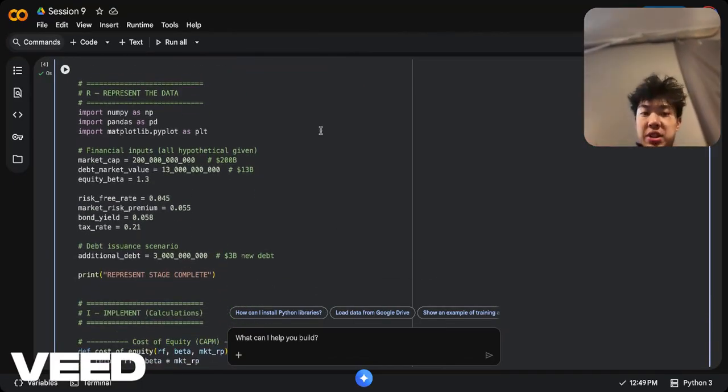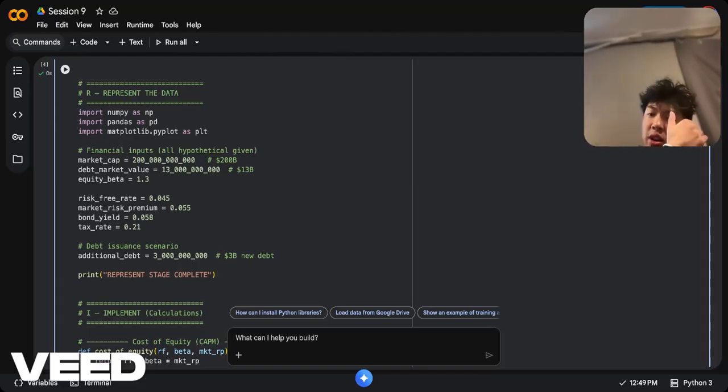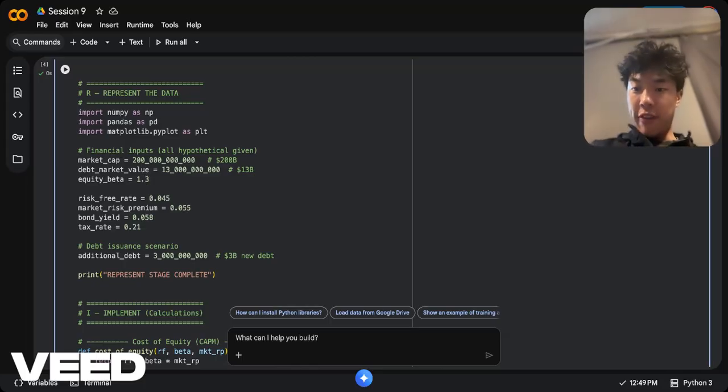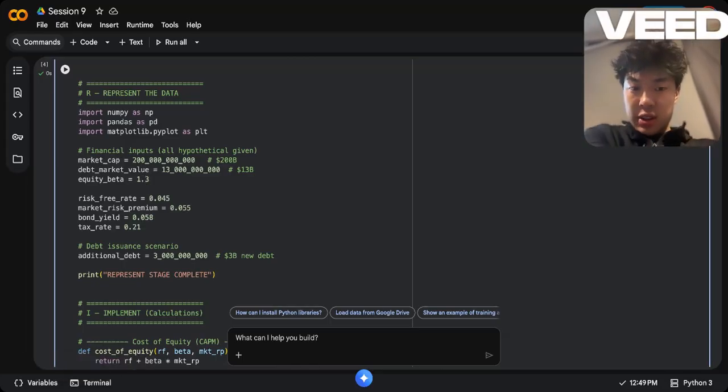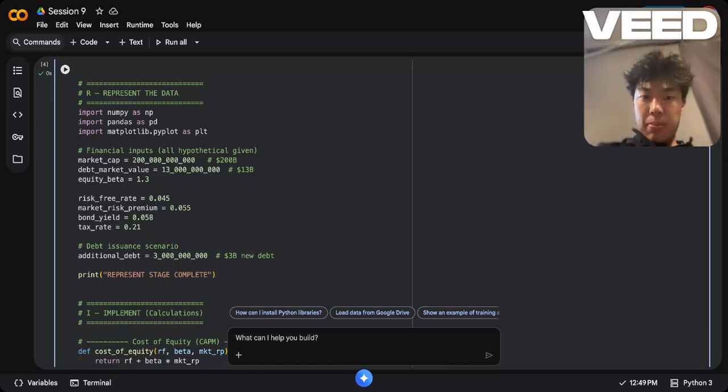Moving down to represent, which is more organized, is where I organized all the inputs. I pulled together Netflix's hypothetical financials: a $200 billion market cap, $13 billion in debt, and an equity beta of 1.3, a 5.8% bond yield and a 21% corporate tax rate.